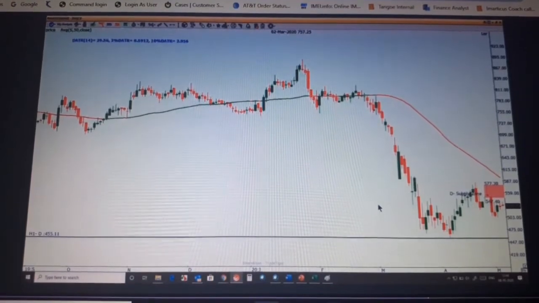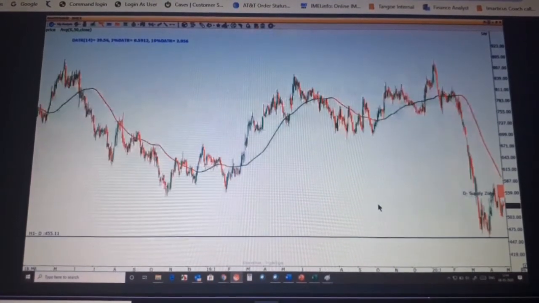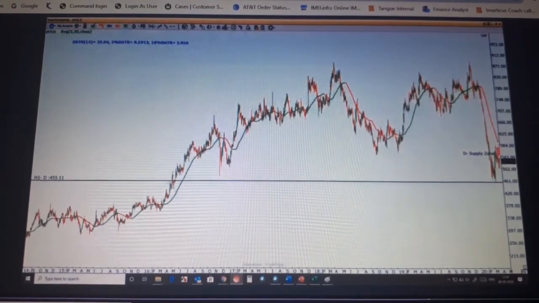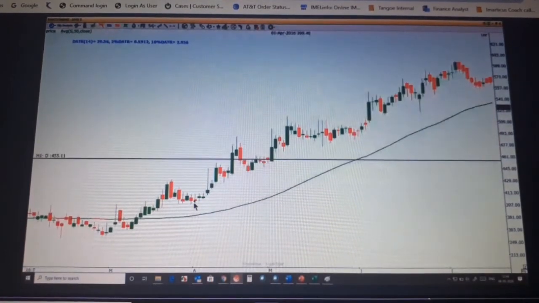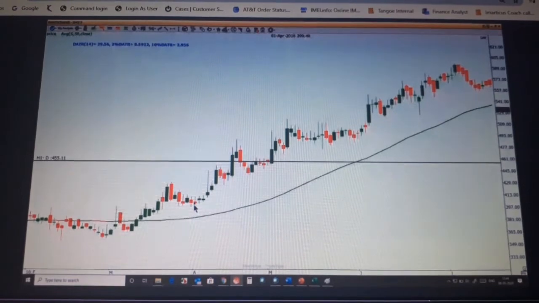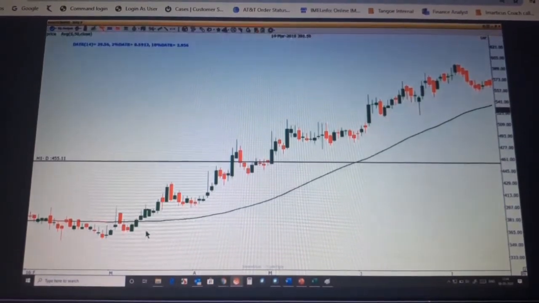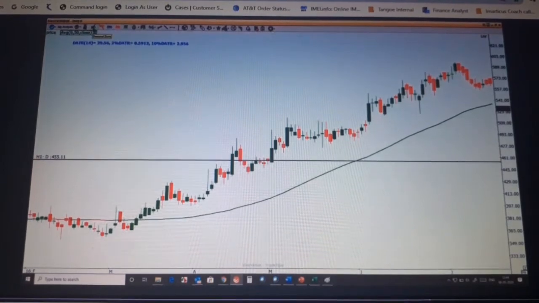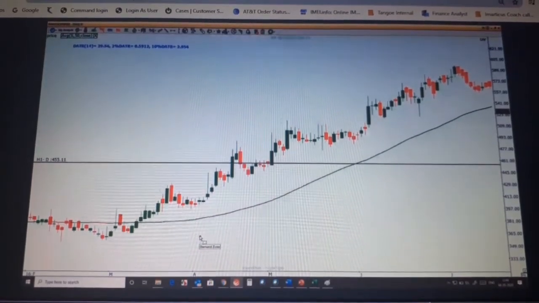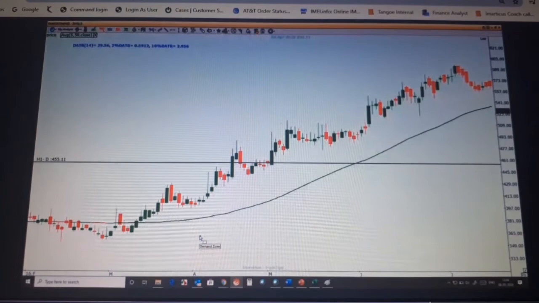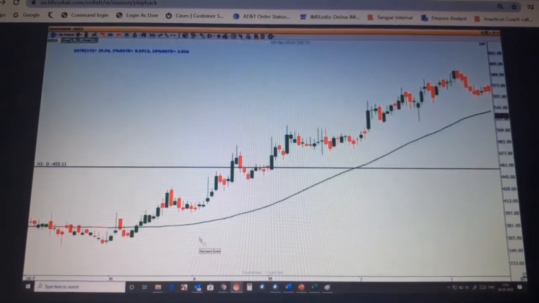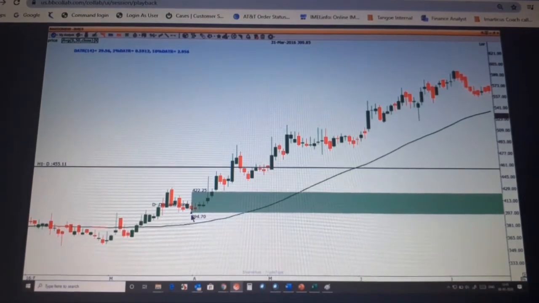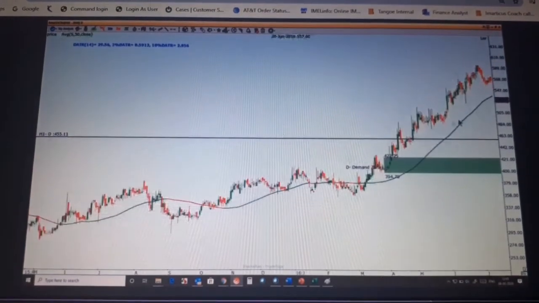I have to go and mark my demand below this. Where will my demand be? Okay, let's take this as a demand. In the live market, we take only that candle which has already formed. Unless that is formed, how will you mark your demand or supply?